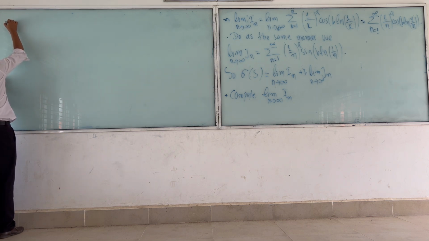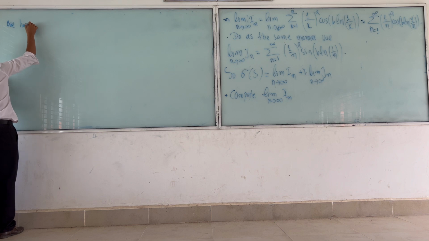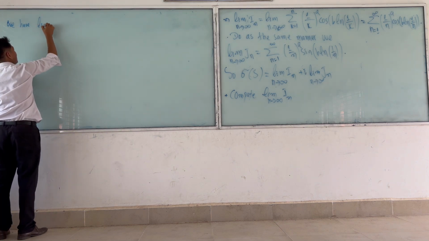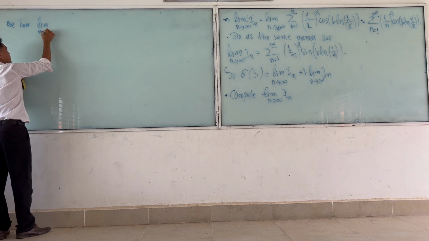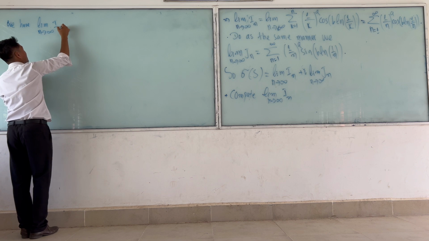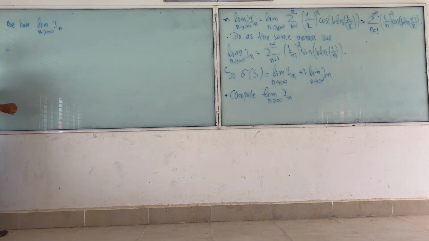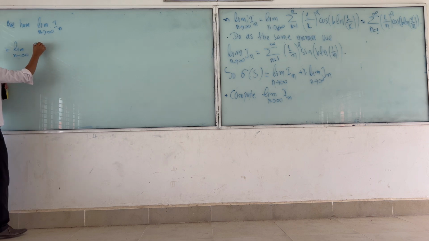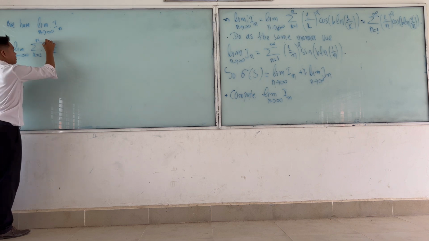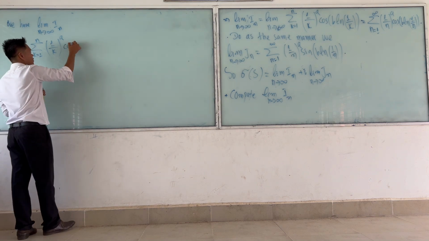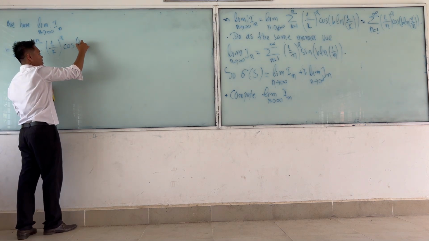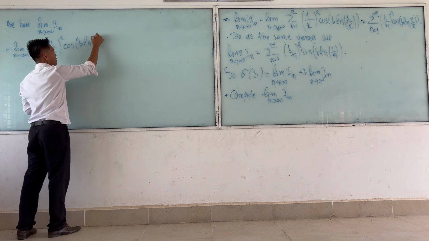Okay, we have the limit as n goes to plus infinity of In equal to the limit as n goes to infinity of the sum from k equals 1 to n of 1 over k to the power a times cosine of b natural log of 1 over k.